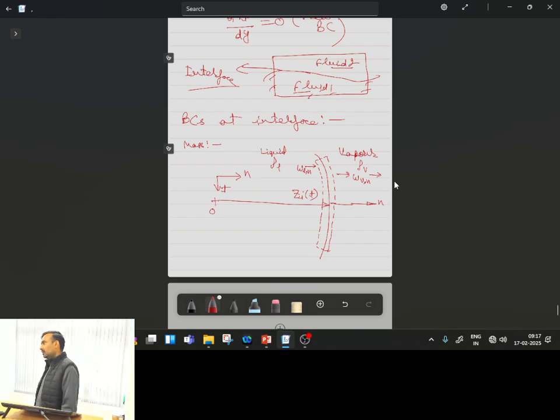Is this point clear? Normal to the interface, the velocity of liquid is WLN and the velocity of vapor is WVN.